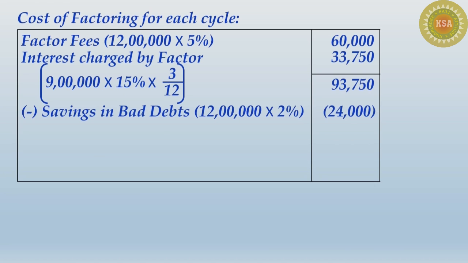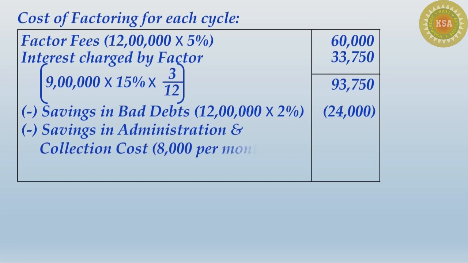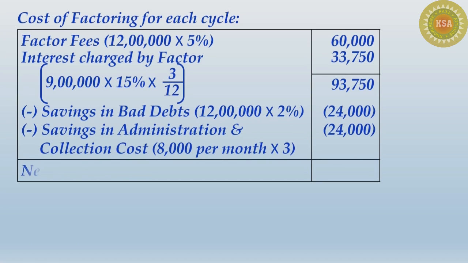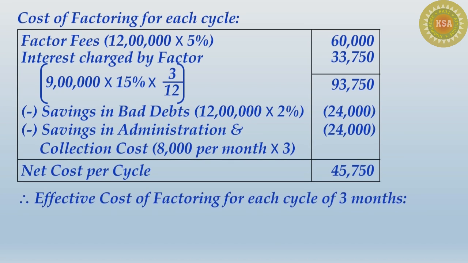Less savings in bad debt, but I am now taking 2% of 12 lakhs, right? 24,000. Savings in administration and collection cost will be 8,000 per month, but now 8,000 per month will be multiplied by 3 months. So your net cost per cycle comes to 45,750. Now find your effective cost of factoring for each cycle of 3 months.